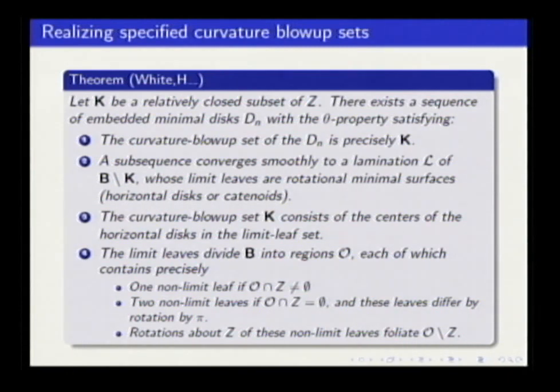In this case, that just means horizontal disks or minimal annuli of rotation. In other words, pieces of a catenoid. The curvature blow-up set consists precisely of the centers of the disks that are limit leaves. And it's a little hard to say, so let me just draw a picture.